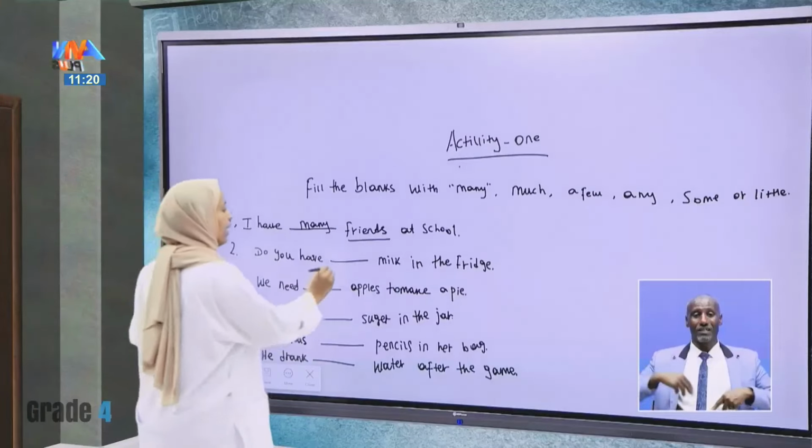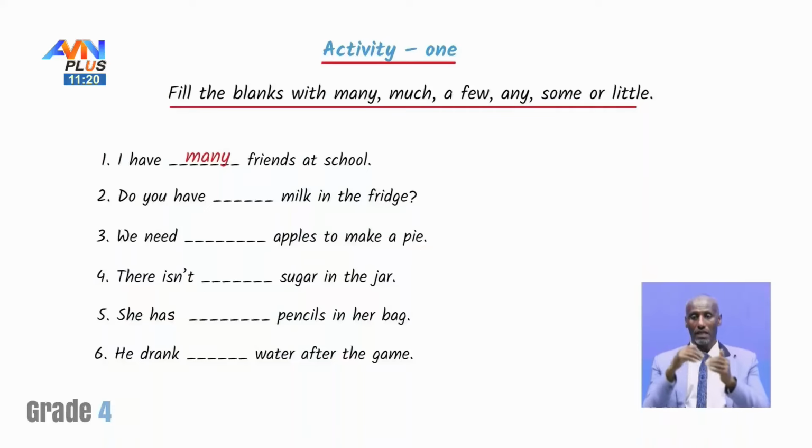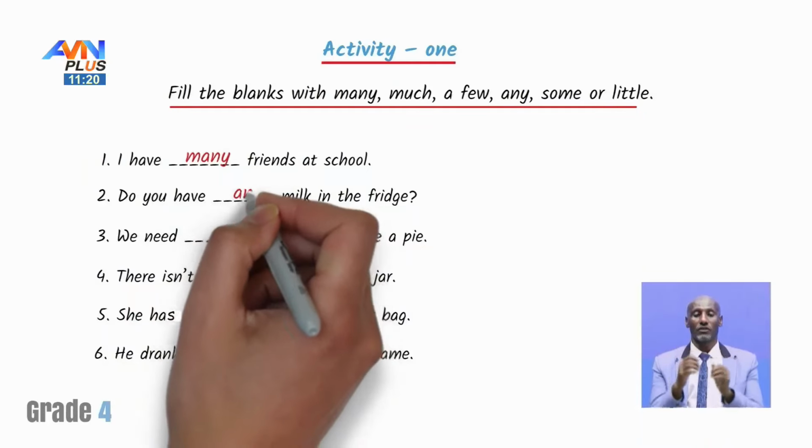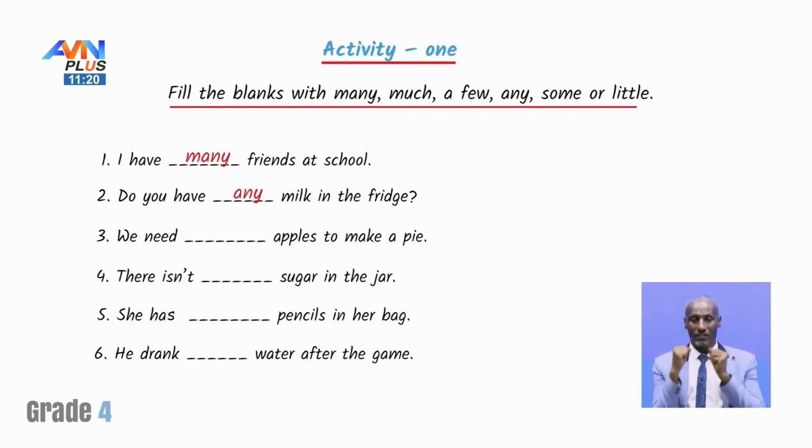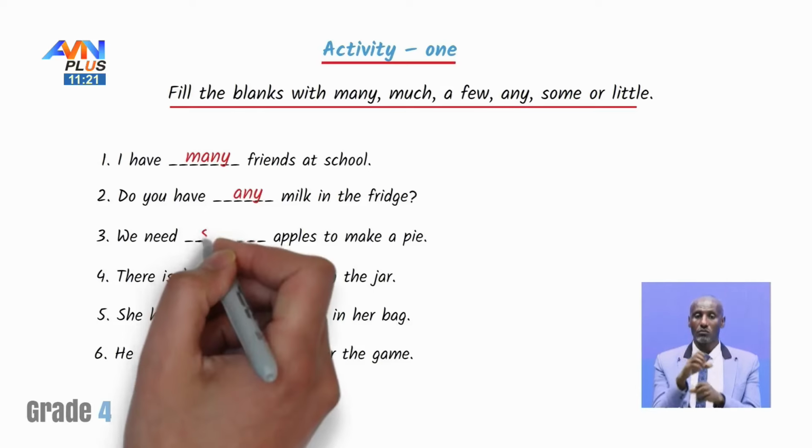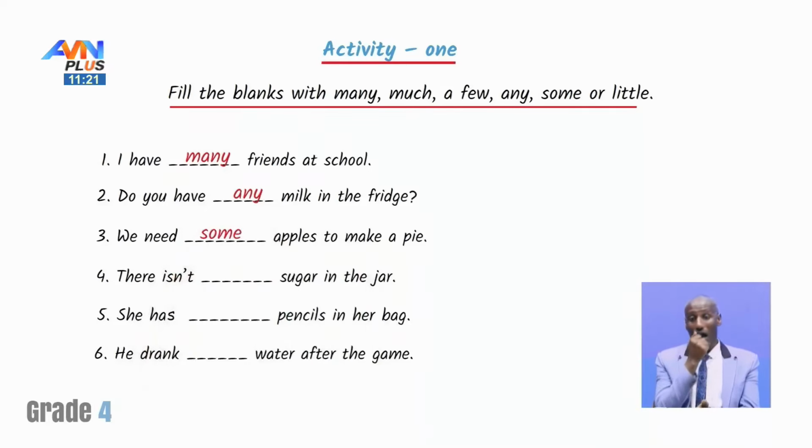We can say any. Do you have any milk in the fridge? Question number 3. We need blank apples to make a pie. We can say some here. Here is a countable noun. We need some apples to make a pie.